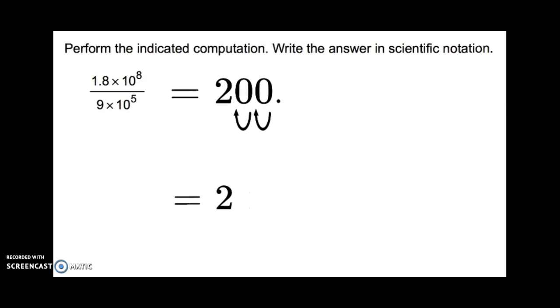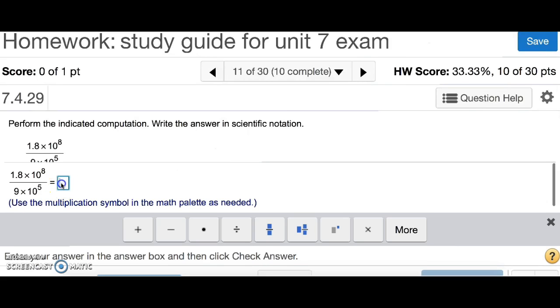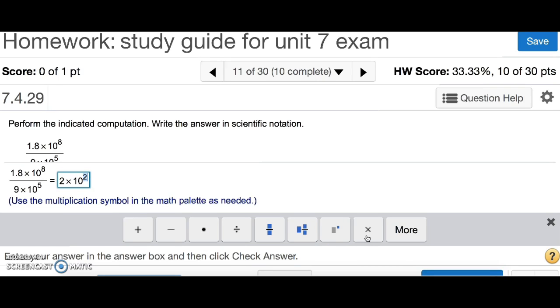It'll be 2 times, when I move to the left, my exponent will be positive, so I'll have 10 to the 2nd power. So my answer is going to be 2 times 10 to the 2nd power, because I went over 2 times to the left. So I type in 2 times 10 to the 2nd power.